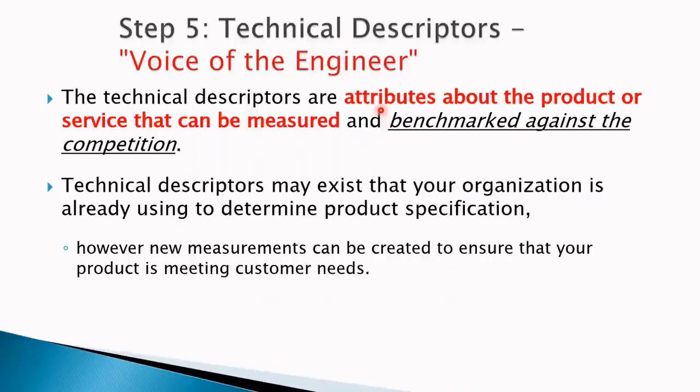This is the way the company is going to make a product. They are concerned about the attributes that they are going to add to the product. Then only they can benchmark against the competition.